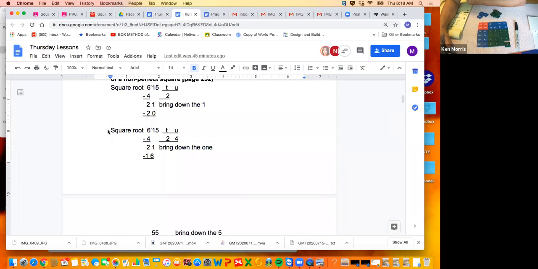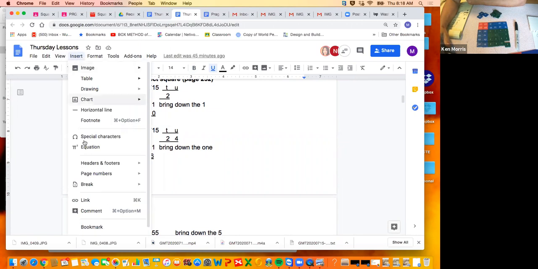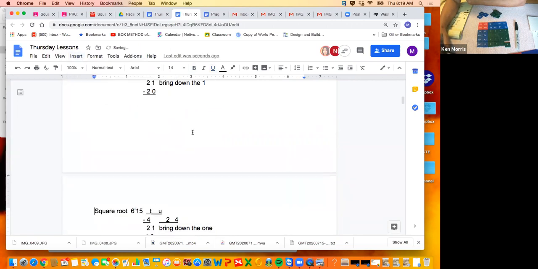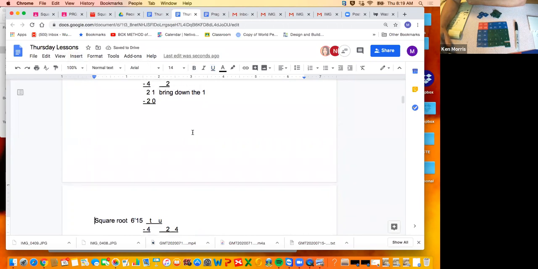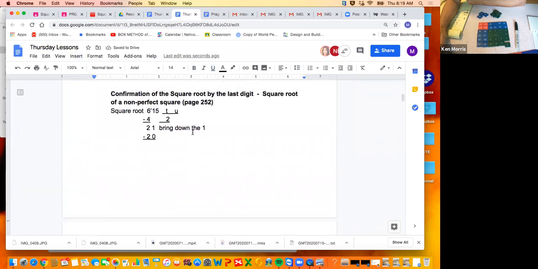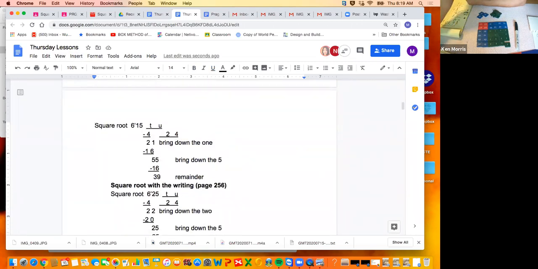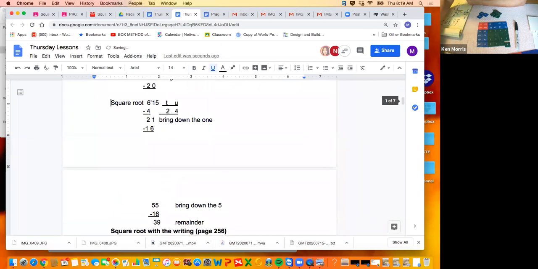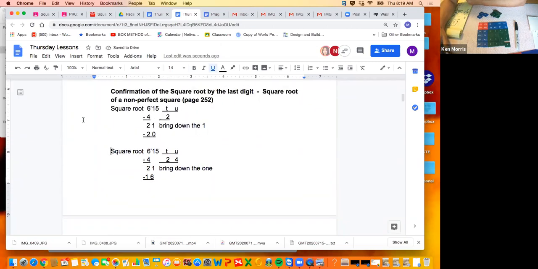I'm going to put a page break here so it's all together. Actually, sorry. Let's do it this way. And put a page break right there. Let's do it here.